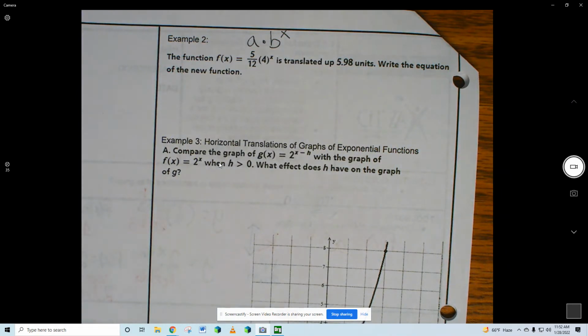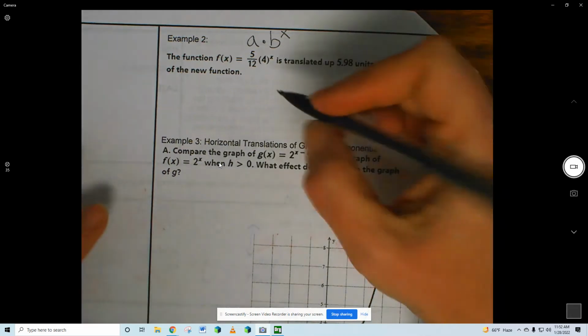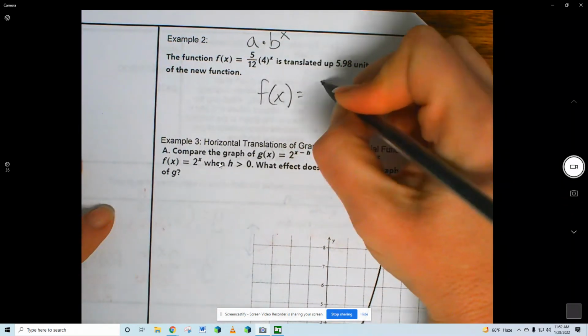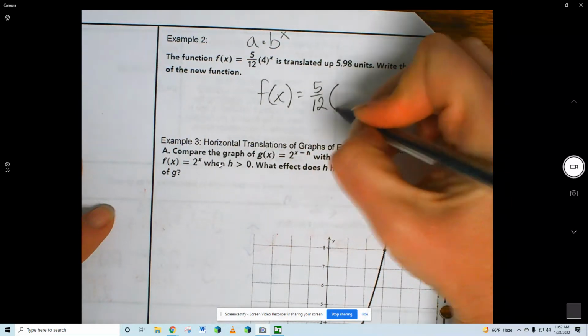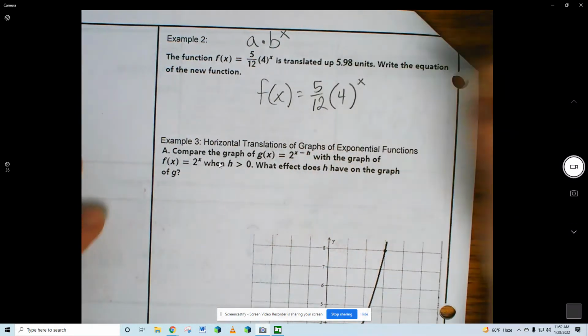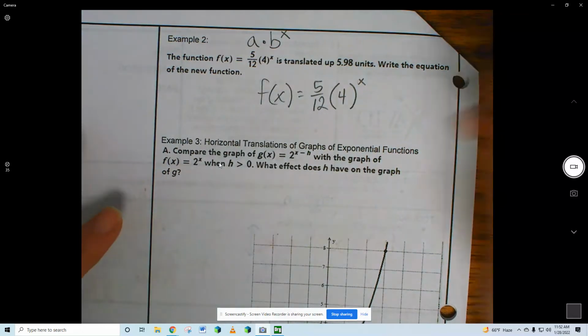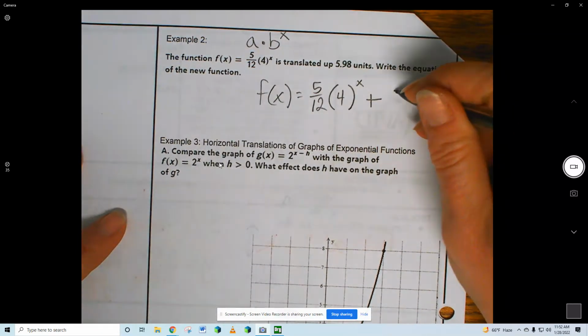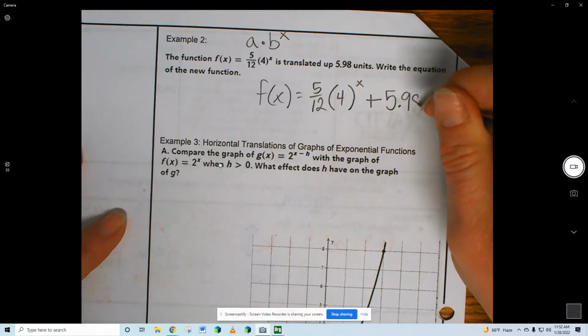Where would I put that 5.98 in my equation? Because this is what I've got so far. Does it go in the H position or does it go in the K position if I'm going up 5.98? K. That's going to be a plus, a big plus, and a normal size 5.98.